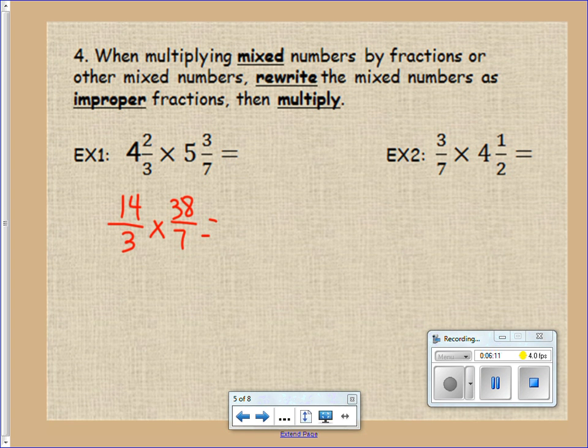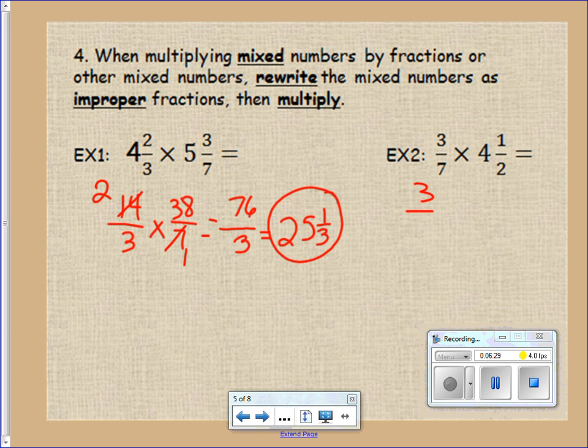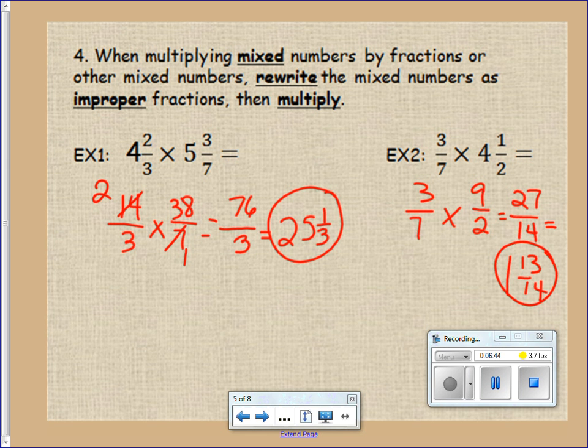Then we're going to see if we can factor out. Always simplify your final answer.